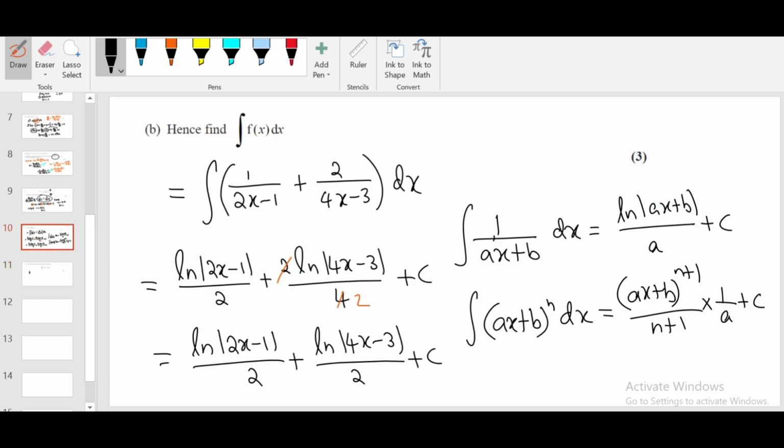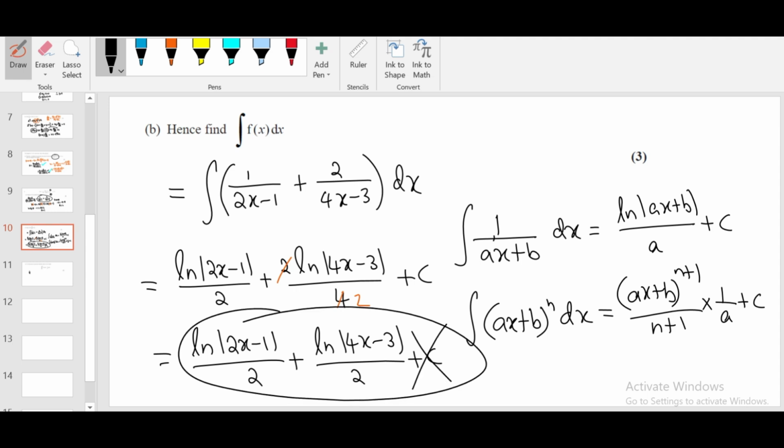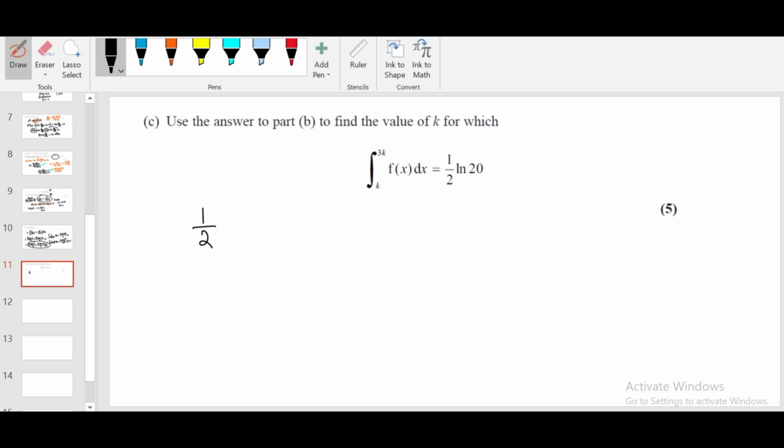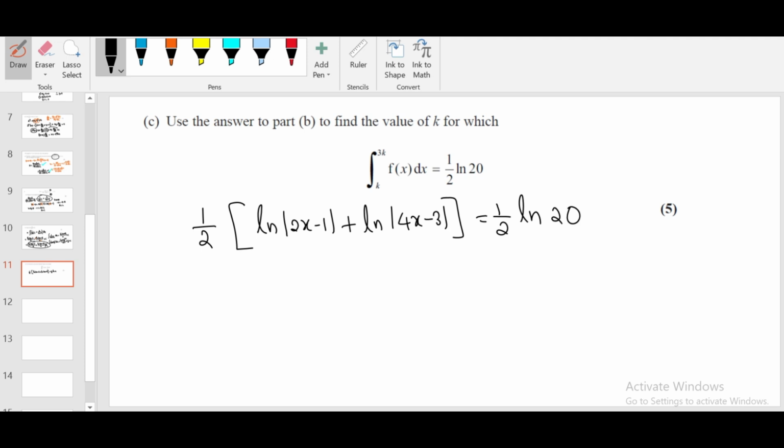If I take 1 over 2 as a common factor here and leave out this plus c because it's a definite integral now, it's going to be 1 over 2 times ln 2x minus 1 plus ln 4x minus 3, is equal to half ln 20. You can cancel this half on both sides, and we need to sub in the limits, k to 3k.